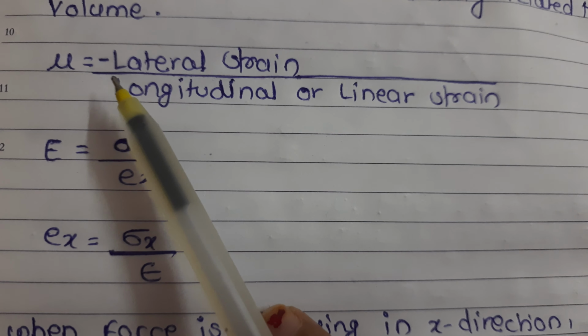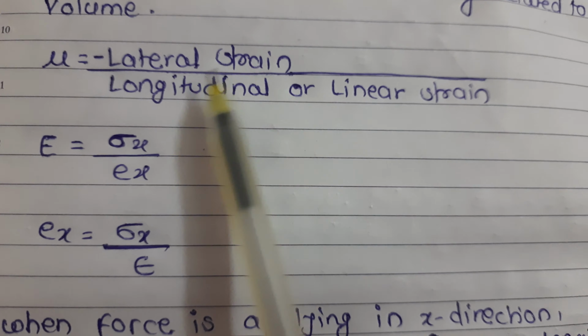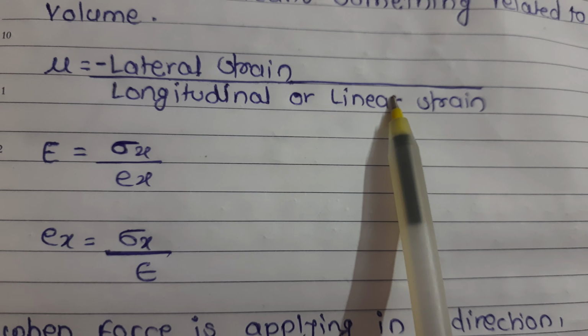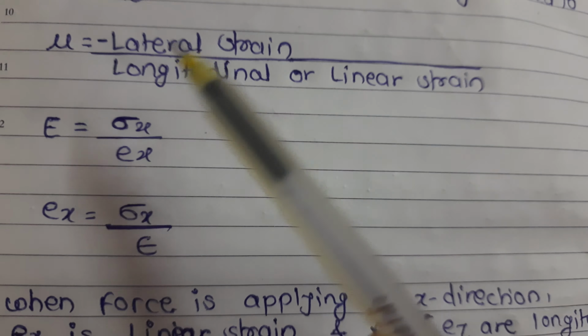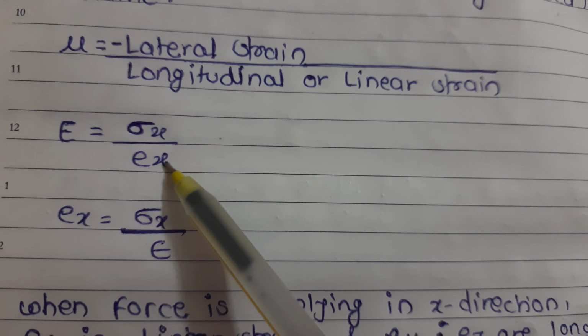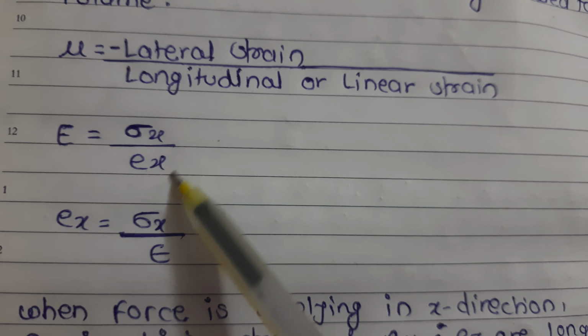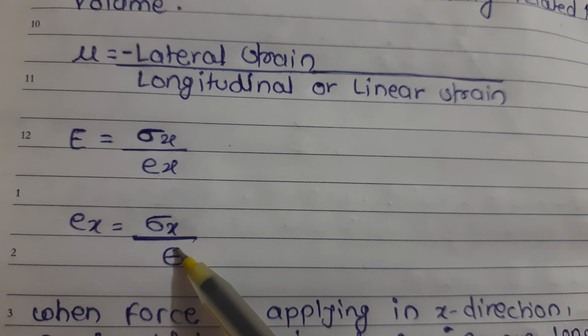Mu, Poisson's ratio, is equal to minus lateral strain upon longitudinal or linear strain. See, E is equal to sigma x upon Ex. Then Ex, the strain, is equal to stress upon Young's modulus.